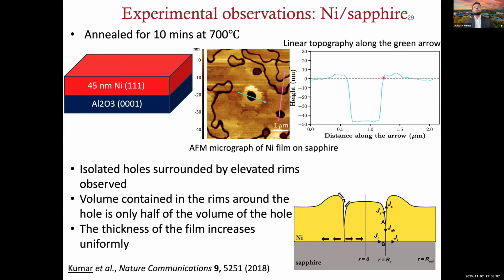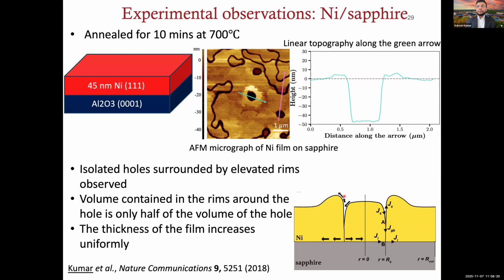That was a puzzling effect because the volume of the rims that was deposited was only half of the volume that was lost. So you basically have a lot of material going inside, but only half of that being accounted for in the rims. One big giveaway though was that the thickness of the film began to increase.